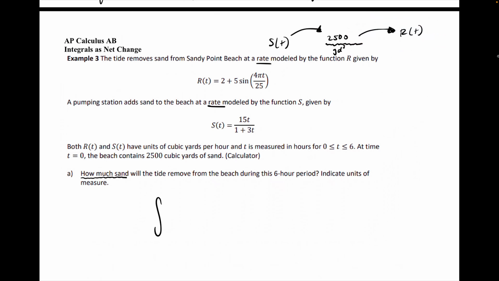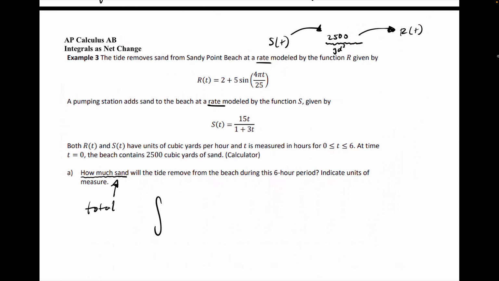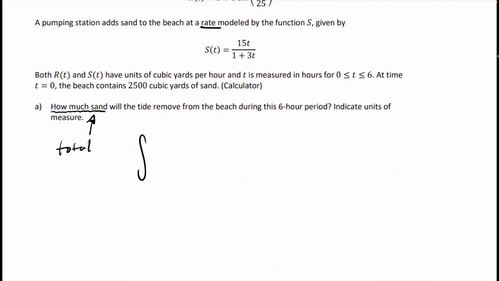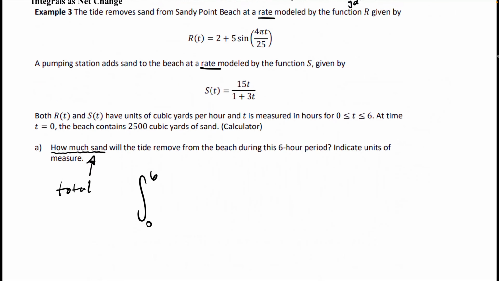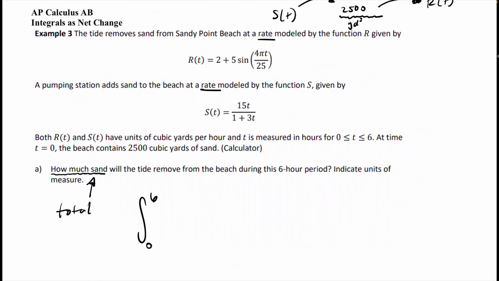Because that means total. So from what time to what time? 6-hour period, right? So from 0 to 6, good. What am I integrating? R of t, the rate of the removal.